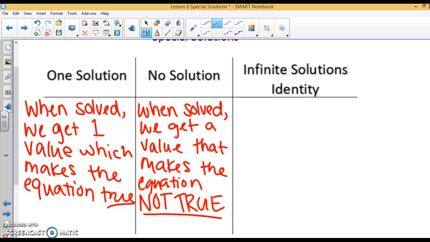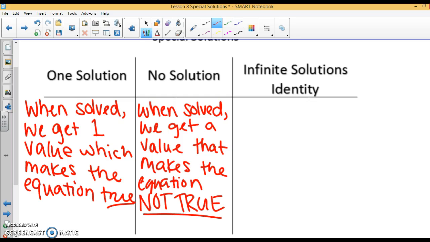So again, looking at our second example below, we got negative 4 equals 5. That is, they're not equal to each other. That doesn't work out. So in that example, there is no possible solution. There's nothing to make the equation true.